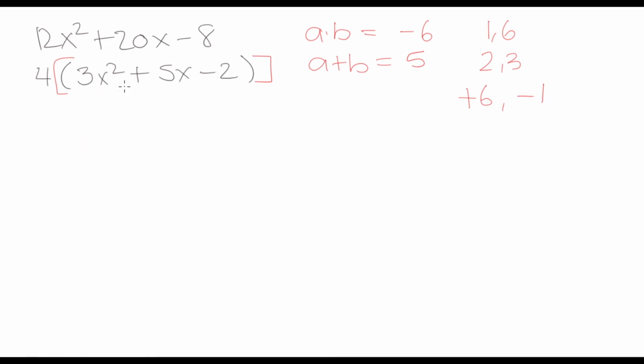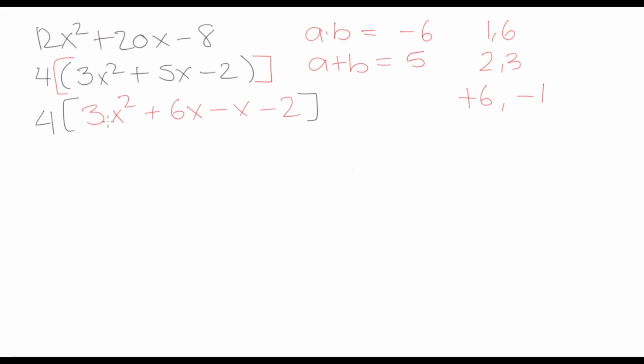So let's split up this middle term into +6x and -1x. So we're going to have 3x squared plus 6x minus x minus 2. And we have to remember that we originally factored out our 4, so we can't forget that.